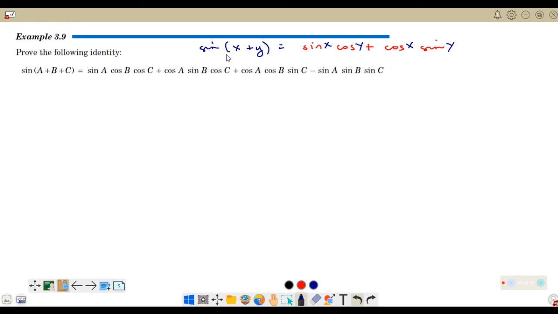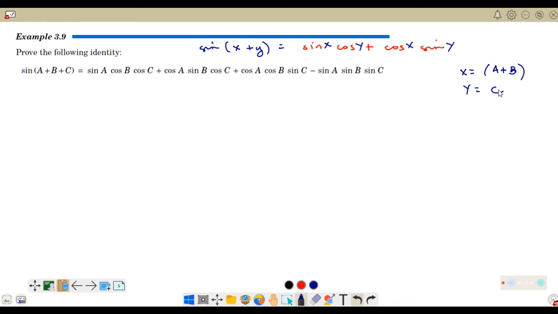O, paano natin gagamitin ito dito? So, pwede mo siyang i-divide actually or i-separate into two angles. So, paano yung gagawin nating separation? Halimbawa, si x gusto mo siyang gawin na angle A plus B. Okay? Tapos si y, siya naman si angle C.